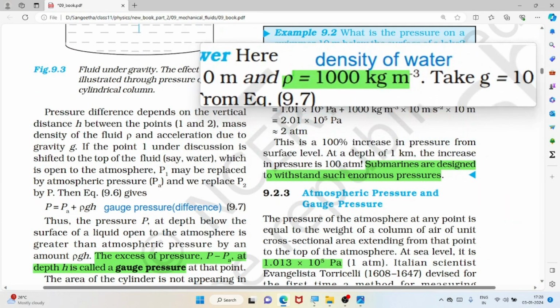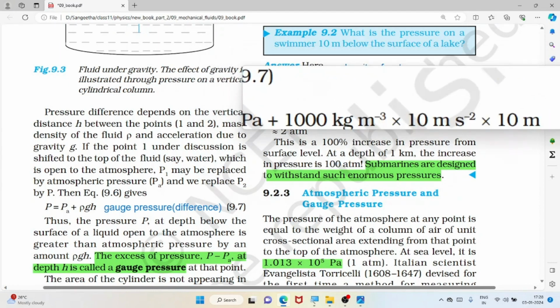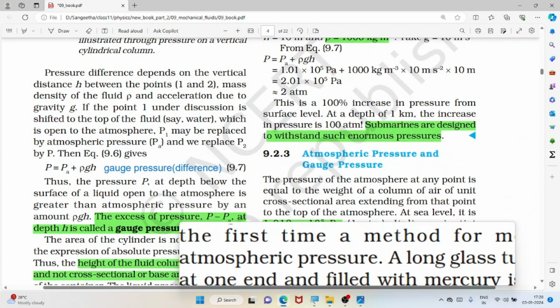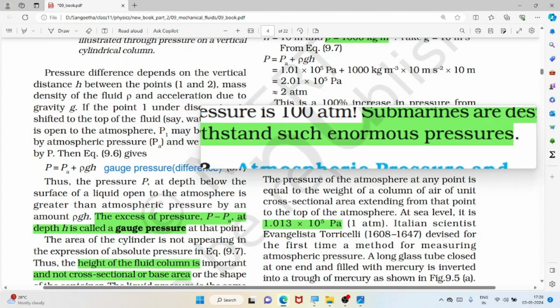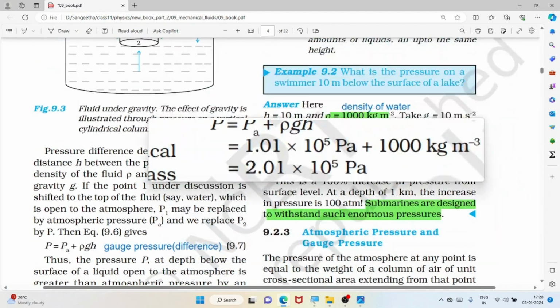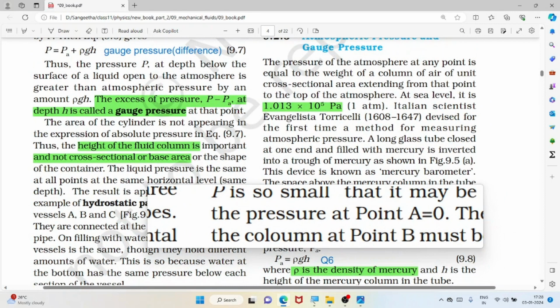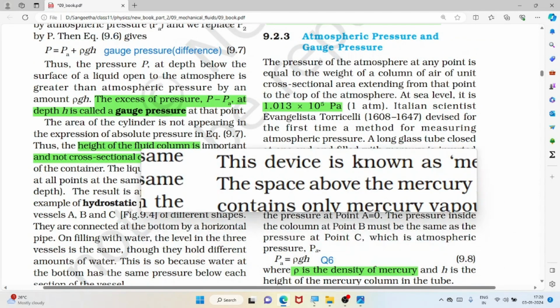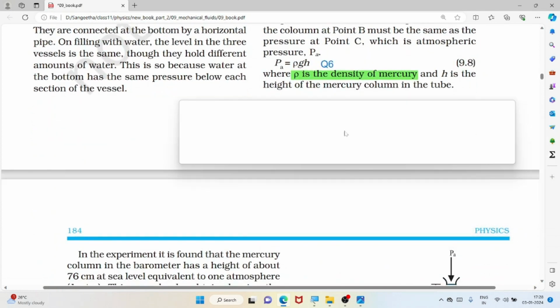This is the density of the water, 1000 kilogram per meter cube. Submarines are designed to withstand enormous pressure. This is 1 atmospheric pressure.